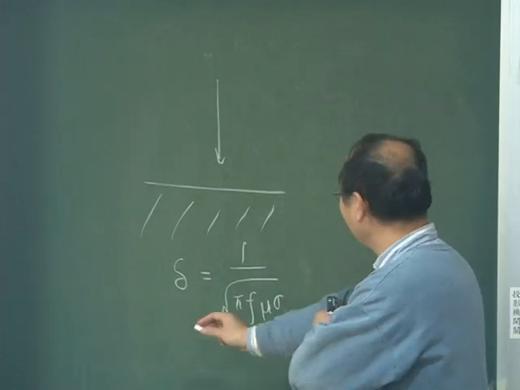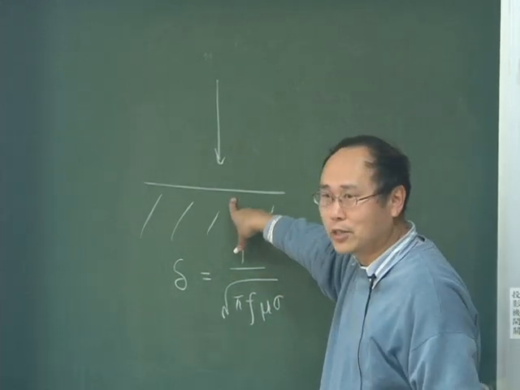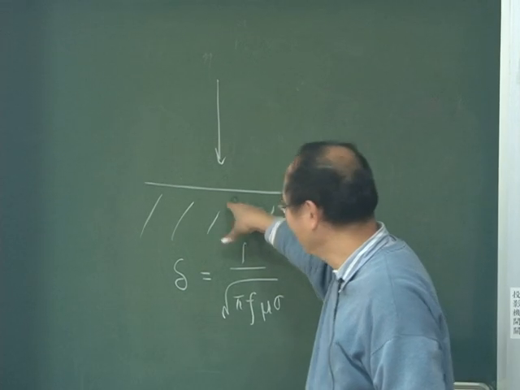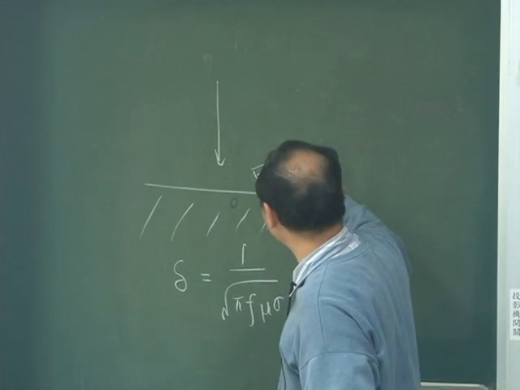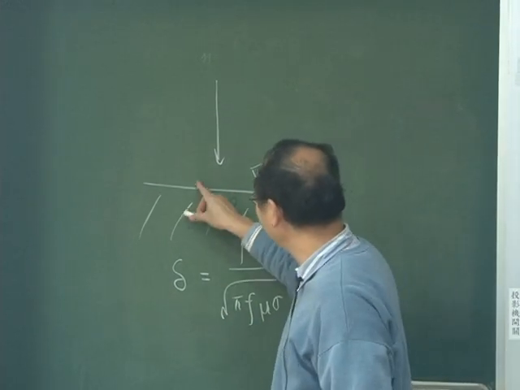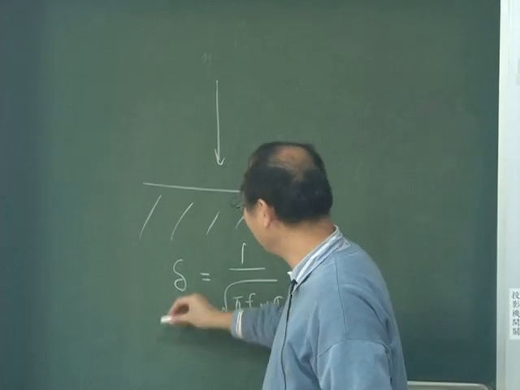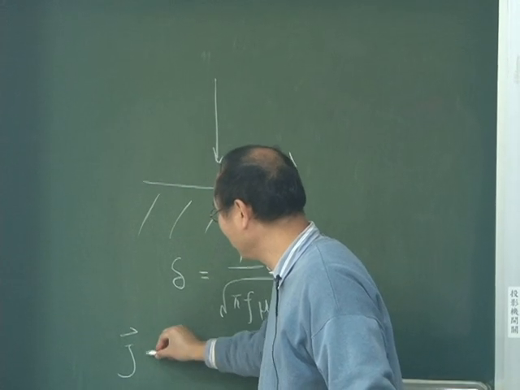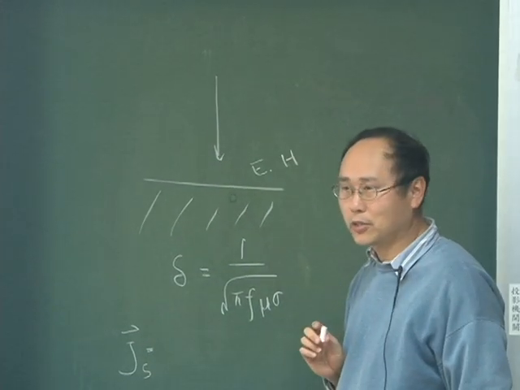Right? And on this piece of conductor, you have electric field and magnetic field on the surface. And this current is going to be a surface current on this piece of conductor.